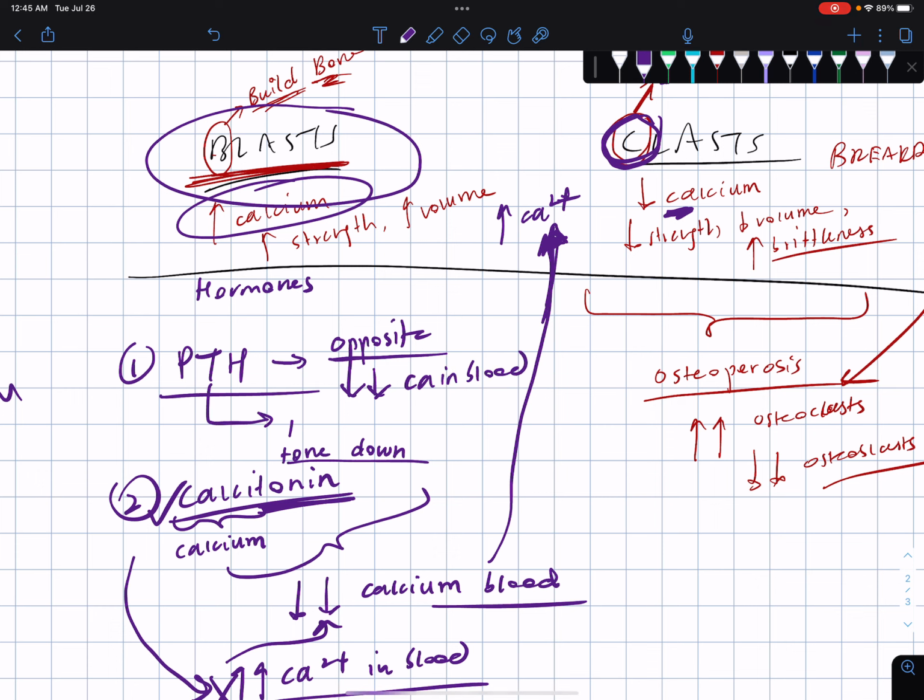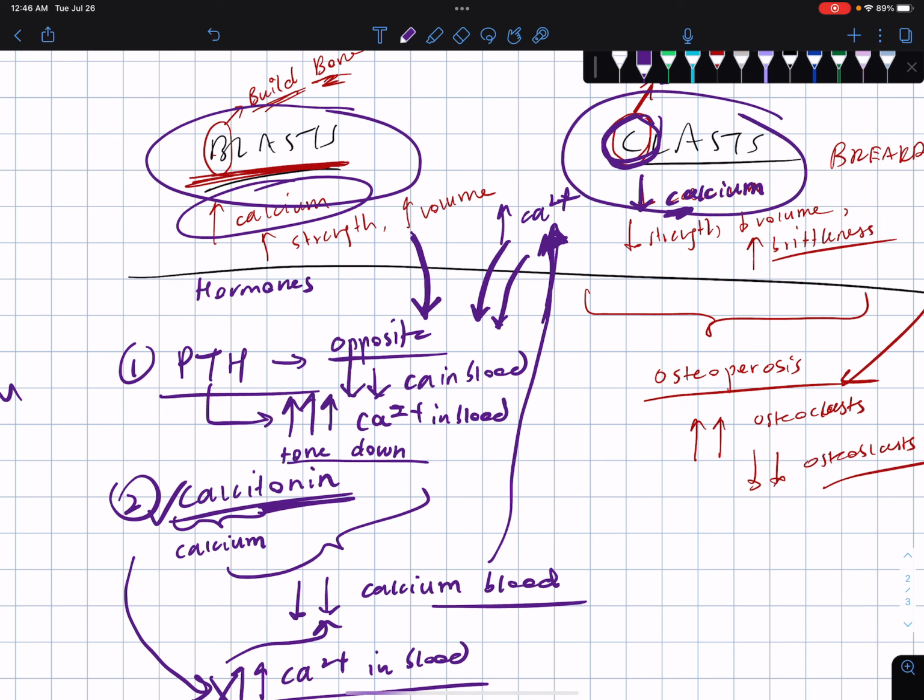So PTH functions to increase calcium in blood, right? And it does that by pulling calcium away from the bone. So now we have less calcium in the bone. And what does that sound like? Yeah, you guessed it. It sounds like osteoclasts.